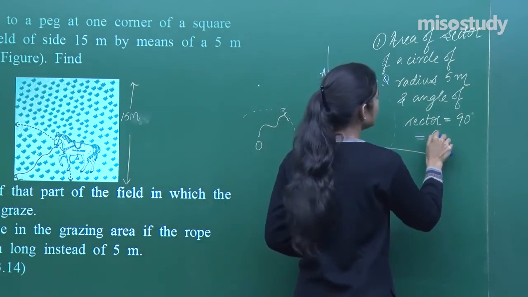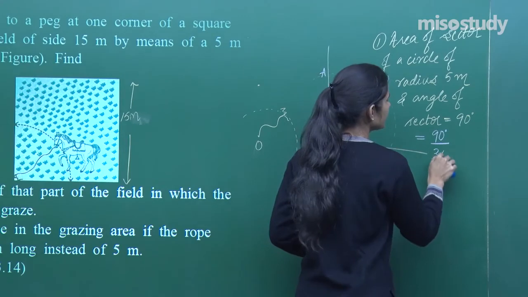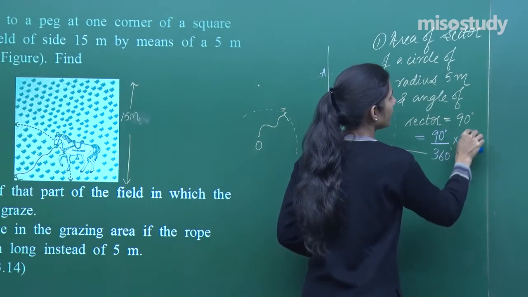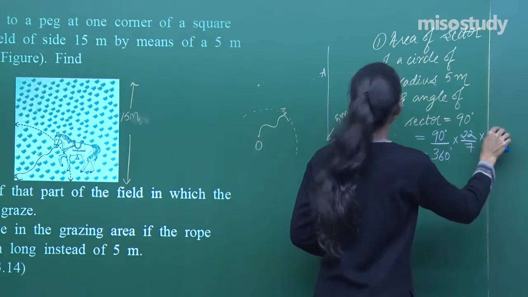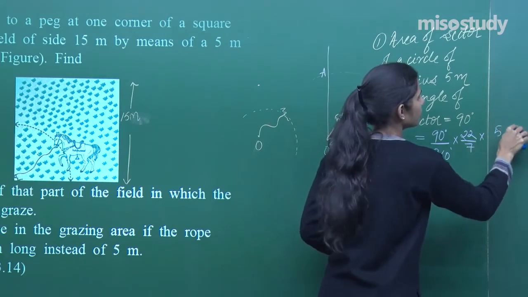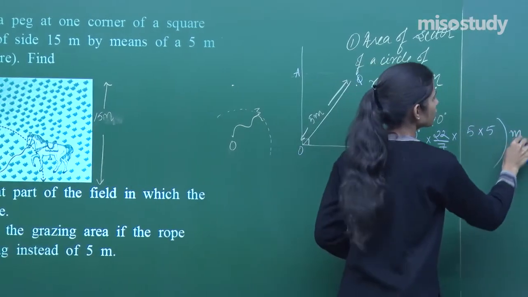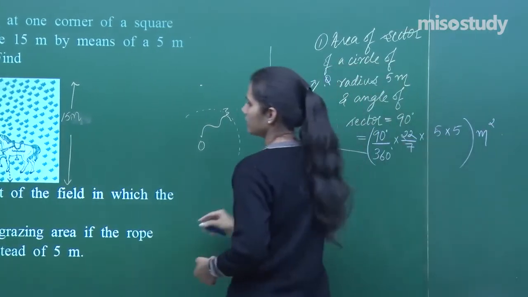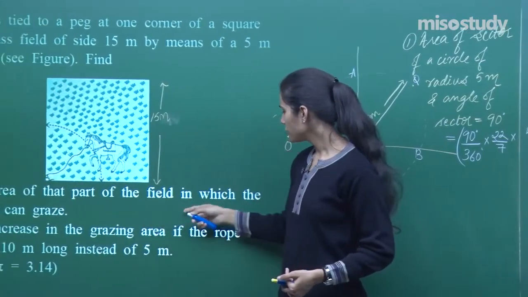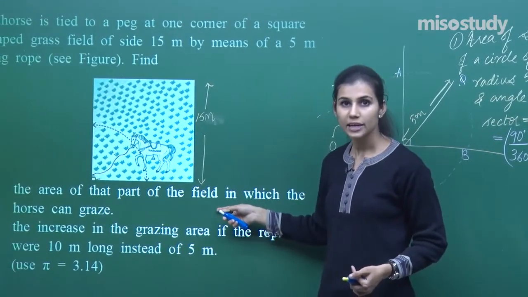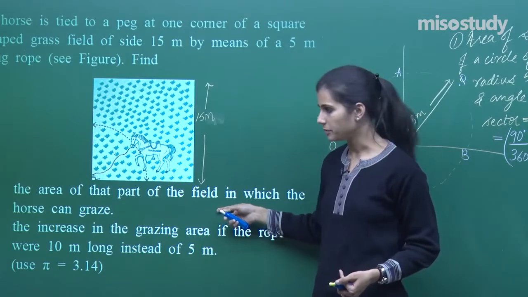So it is theta by 360 into pi into r square. This much meter square is the area of that part of the field in which the horse can graze if it is tied to a rope of length 5 meters.